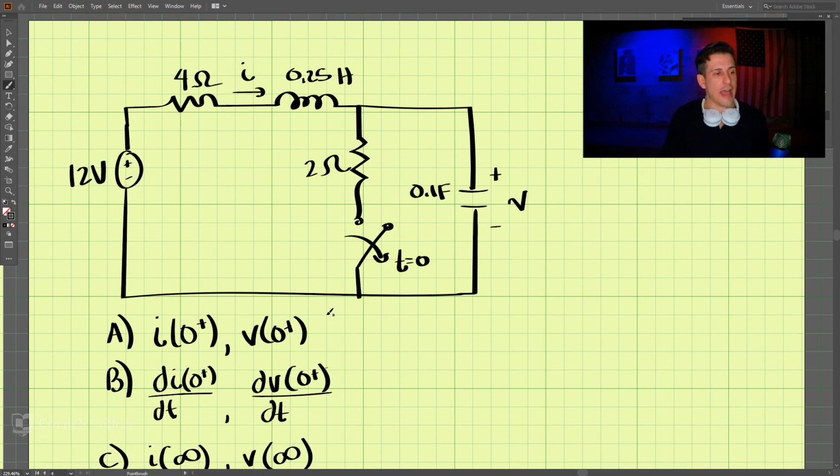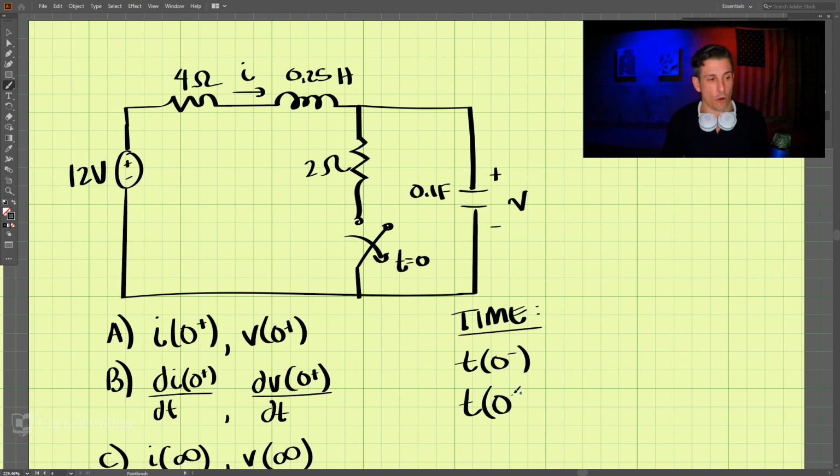So we're going to look at 3 different scenarios with time: t equals 0 minus, then t equals 0 plus, and then t infinity.